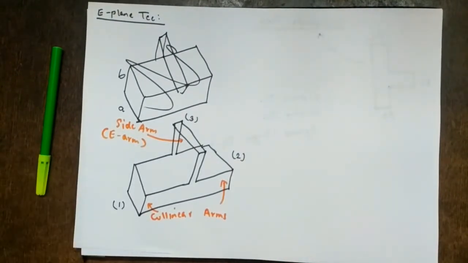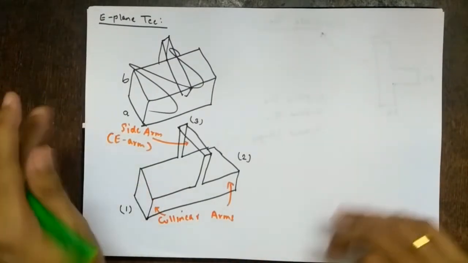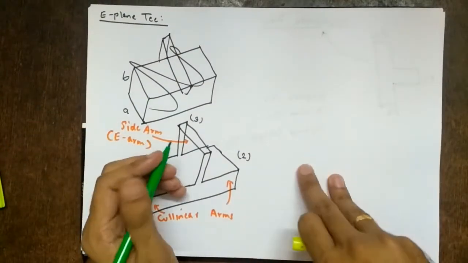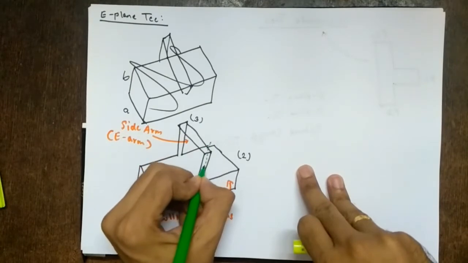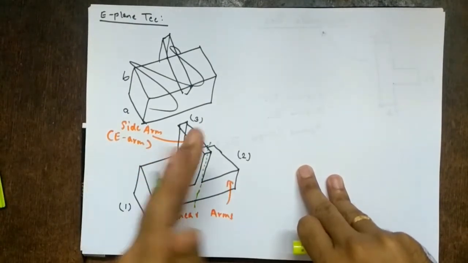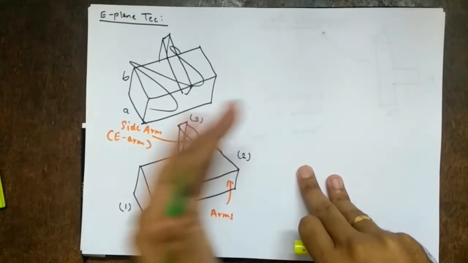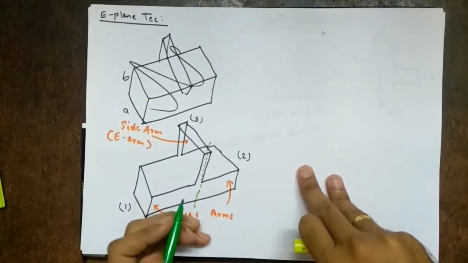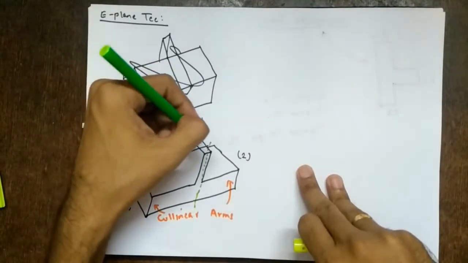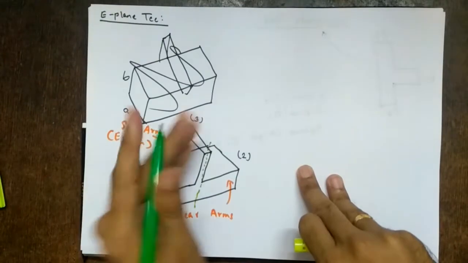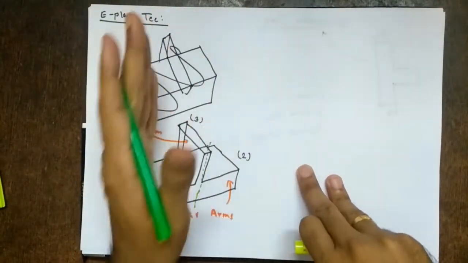The reason it is called E plane T is, if you see, this is the line which has the symmetry along the side arm. And if you make the incident electric field from here, it will be in the axis of the side arm.